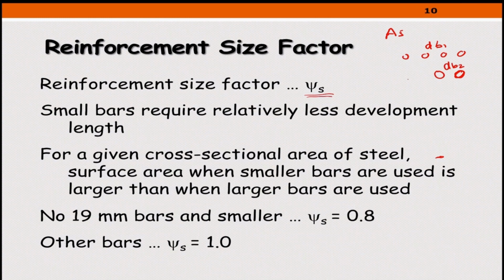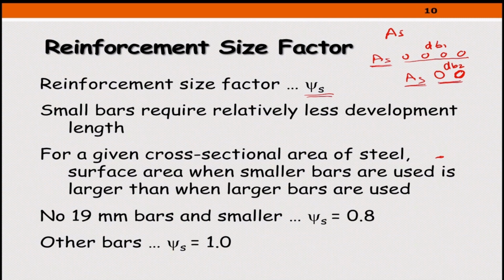In fact, both have the same area AS, all right? The selection of 4 bars of bar diameter dB1 has an area of AS, and the selection of 2 bars of bigger bar diameter dB2 has also AS.